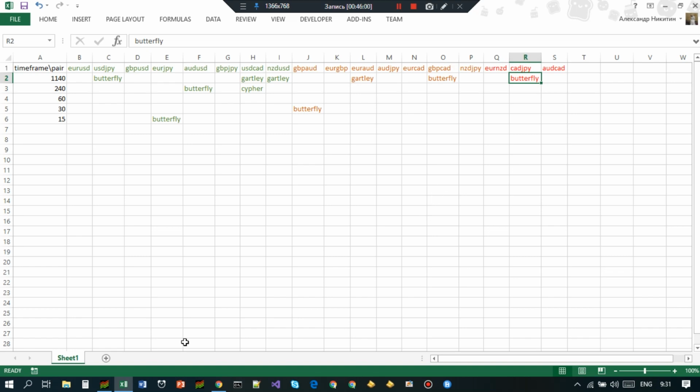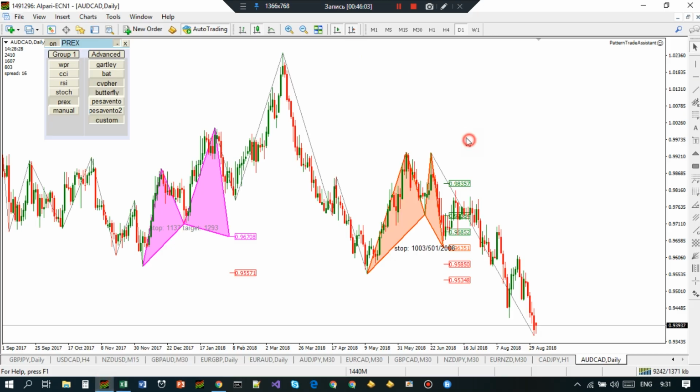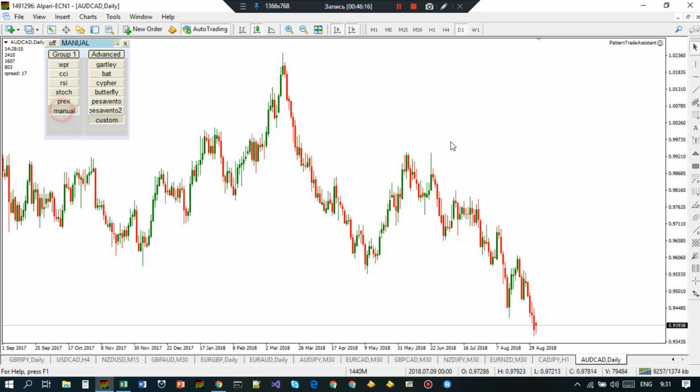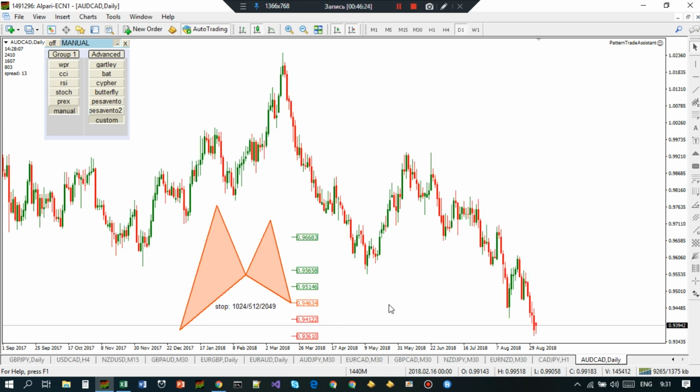Now let's go back to these lines. What are these lines for unified Gartleys? Basically, let me draw it. Oh, should go to manual. So suppose it is a unified Gartley, yes.